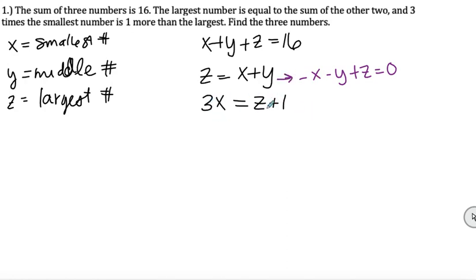Then if I wanted to get this one in standard form, I would need to subtract that z over, and I would have 3x. Now I'd have a 0y, so if you ever wanted to have 0y, you could, minus z equals 1 by, again, subtracting that z over. However, I think what you'd probably want just for this equation is 3x minus z equals 1.